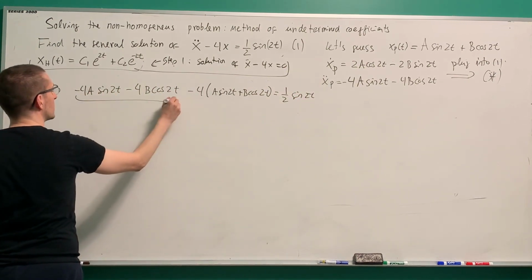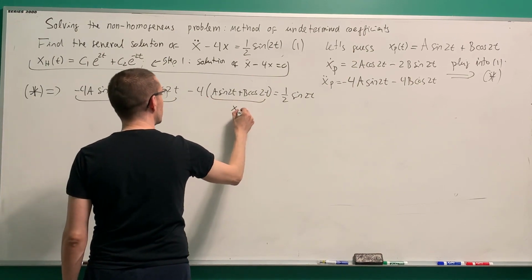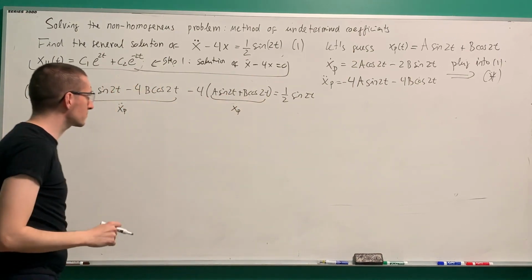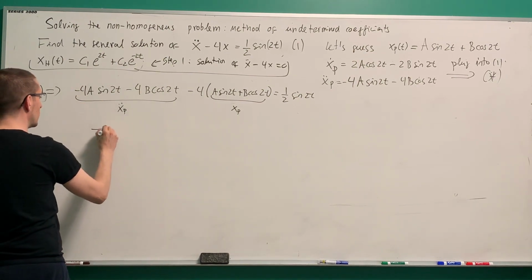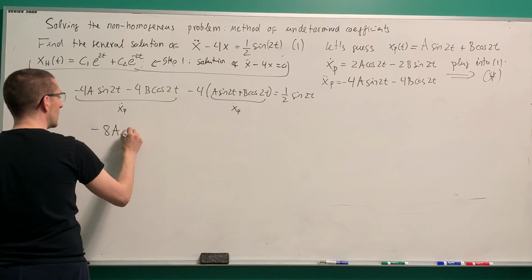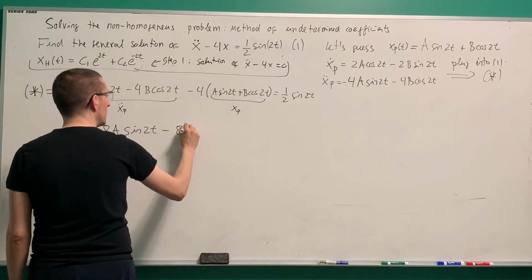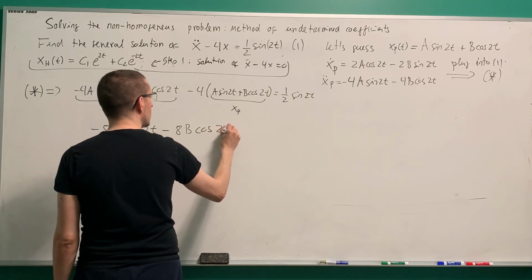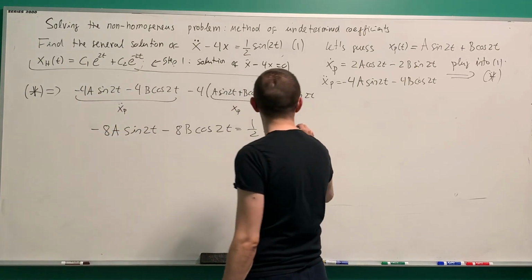So this thing is xp dot dot, this thing is xp. We now simplify and get minus 8a sine 2t minus 8b cosine 2t equals 1/2 sine of 2t.